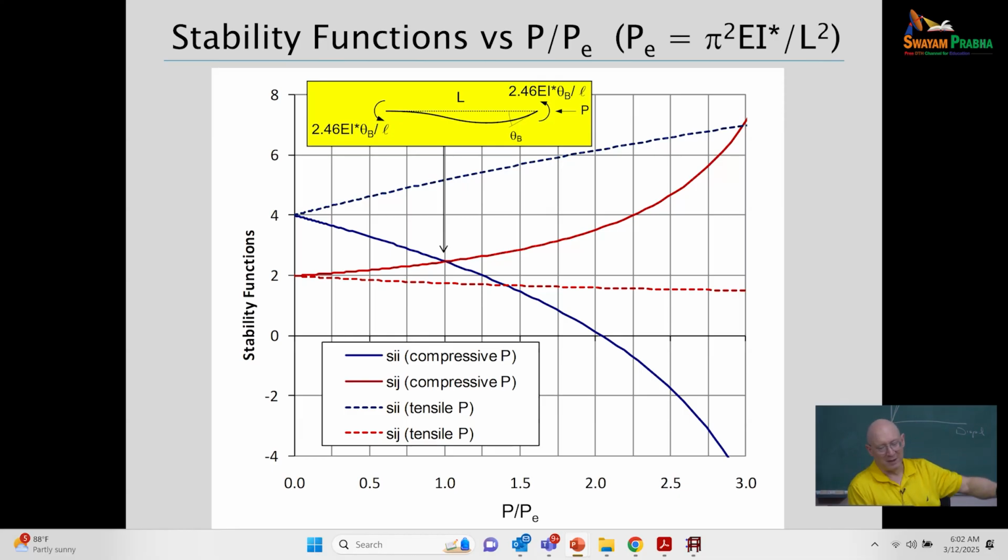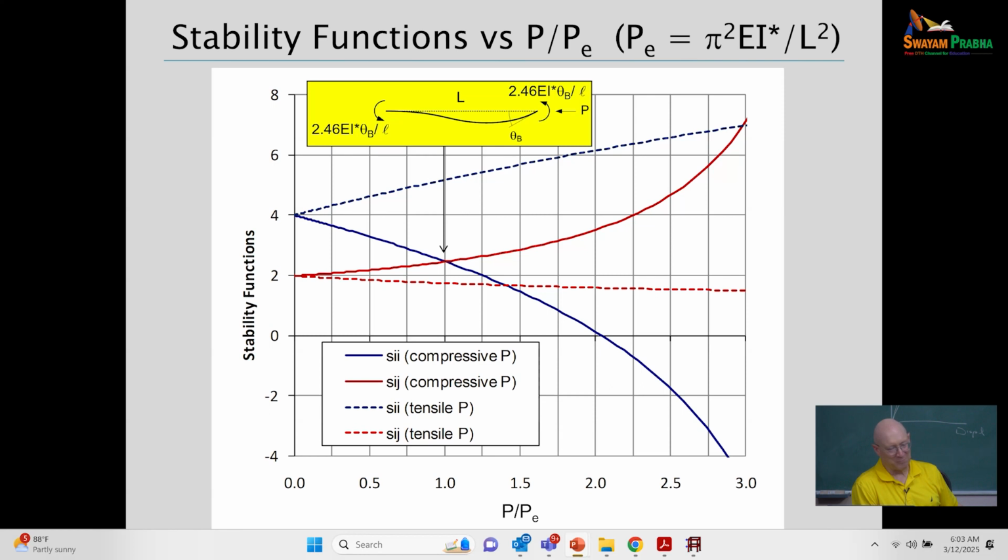If you try to give a unit rotation of theta b, or increment the rotation by theta b, you're going to get a moment of 2.46 EI over L times theta b, not 4. And your carryover moment on the other side is not 2.